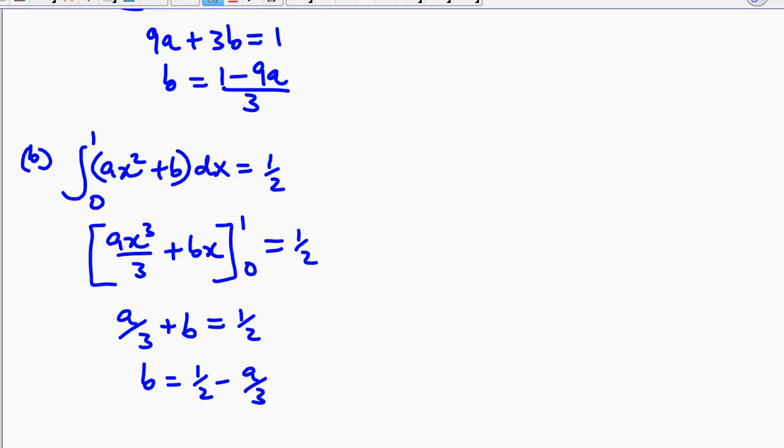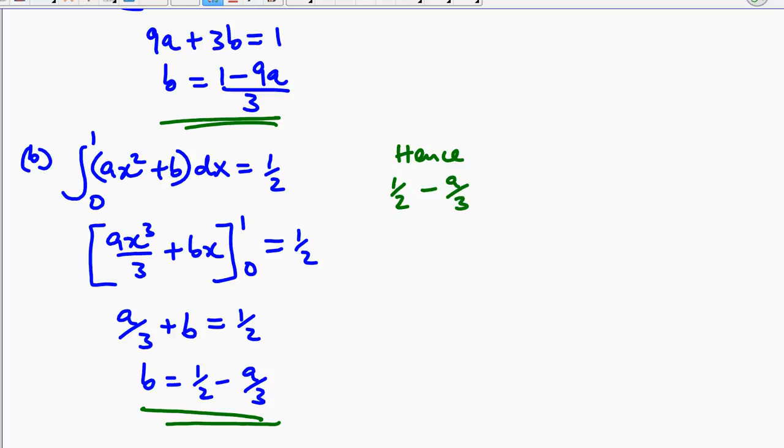So if we equate these two equations, we have that equation and that equation. So we can say that a half minus a over 3 is equal to 1 minus 9a over 3.